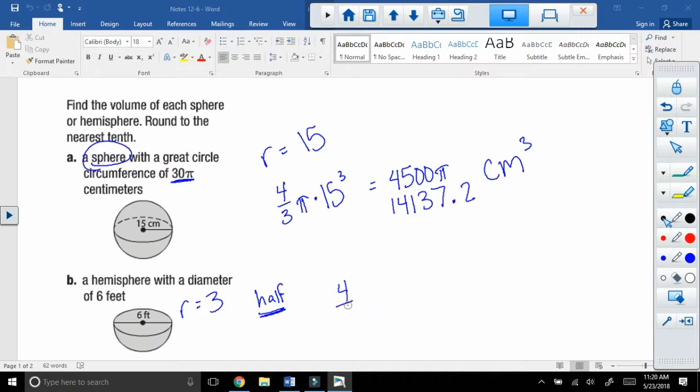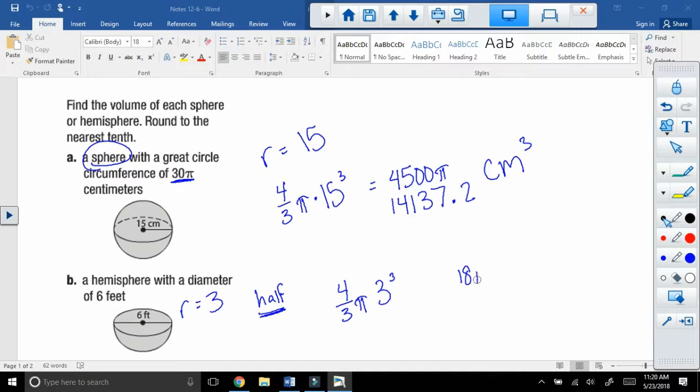So I'm going to do 4/3 pi times the radius cubed. So the whole thing would be 36 pi or 113, and then you can divide it by 2.